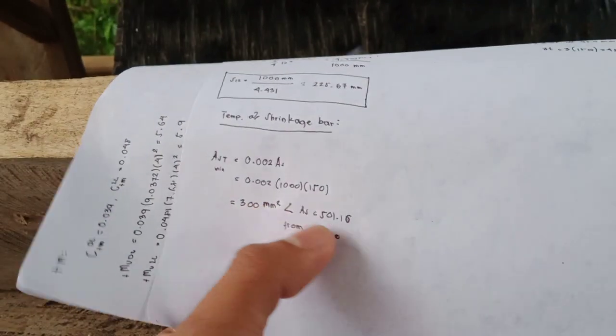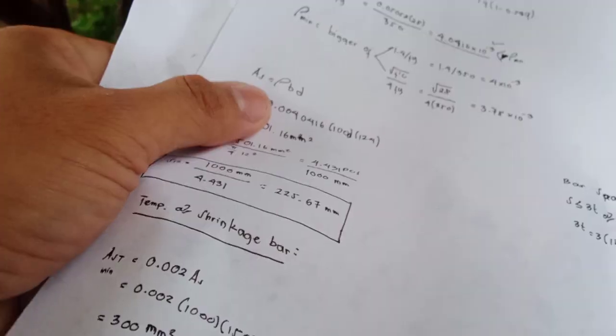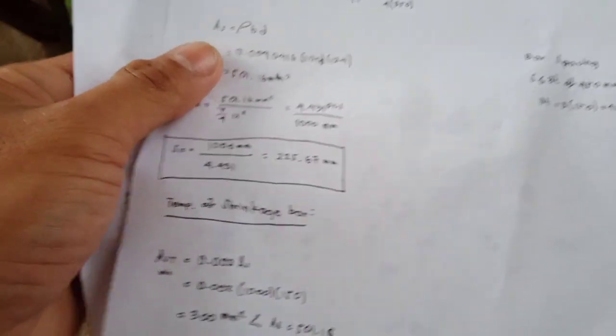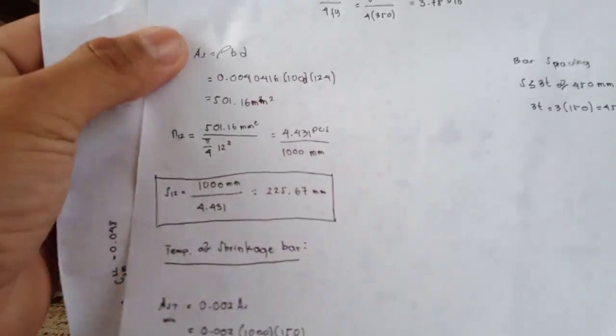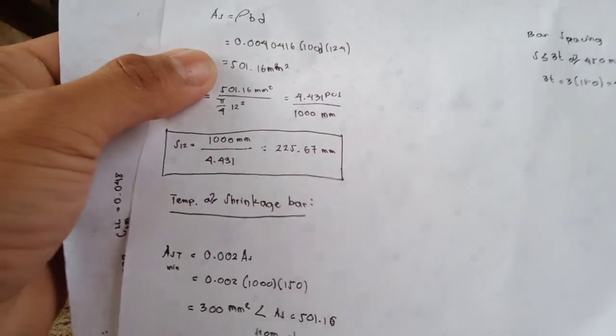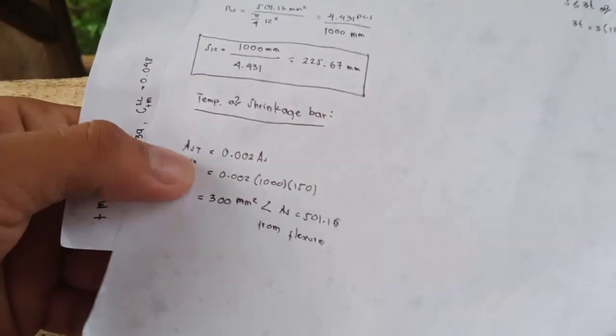So this one still governs. So first is the rho minimum for flexure, and the second is the As minimum for temperature.